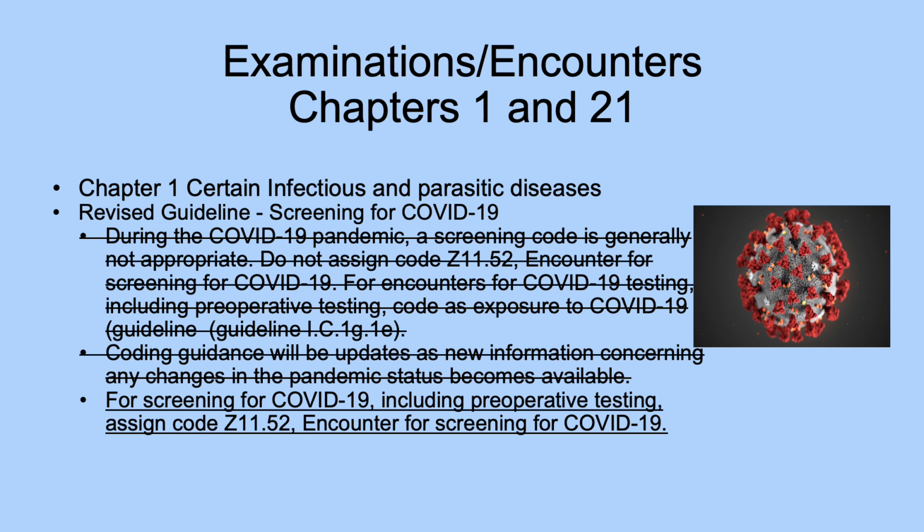So apparently the pandemic is considered to be over, so they deleted all of that and added that for screening for COVID-19, including preoperative screening, assign code Z11.52, encounter for screening. Now you notice that before they said don't use that code, and now they're saying use that code. So the code was already there, they just told you not to use it, which is interesting.